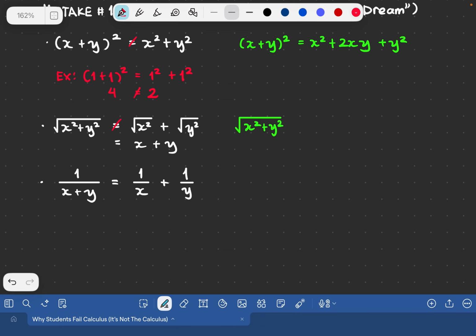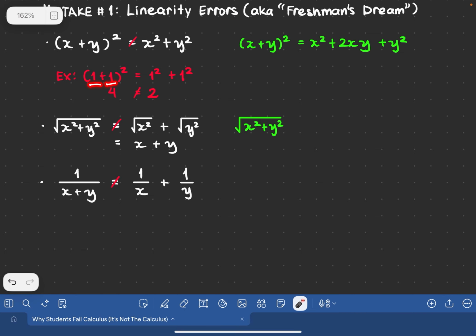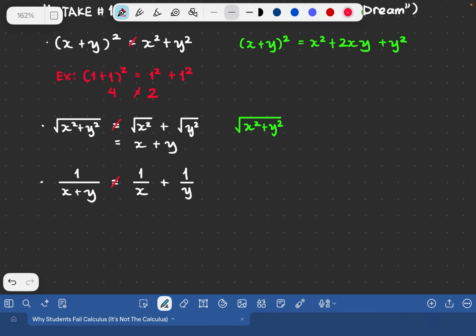This is also obviously wrong. A quick example there is to use x and y to be 1 as well, like earlier. So the correct way to do this is, again, to just stick with what was given to you. So we'll have here 1 over x plus y. Or if you want, you can write this one as x plus y raised to negative 1. So this one is correct.